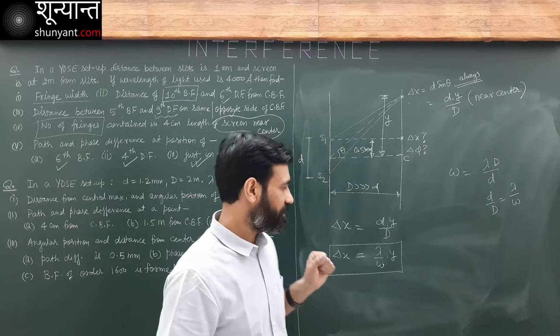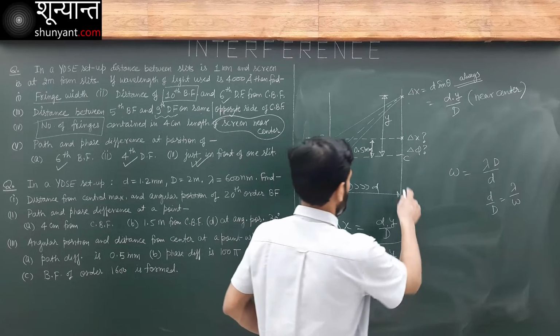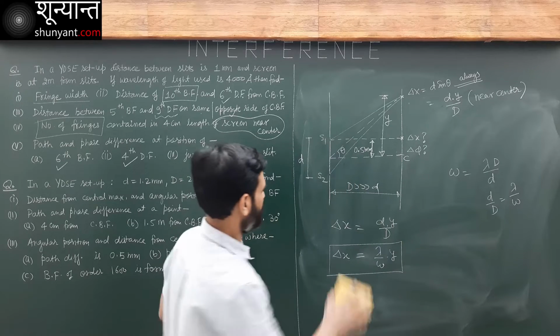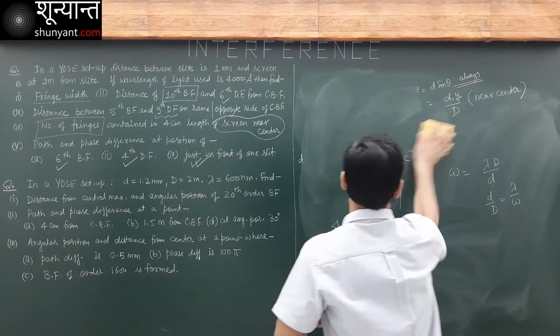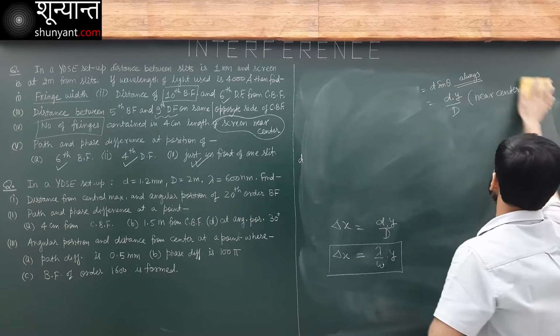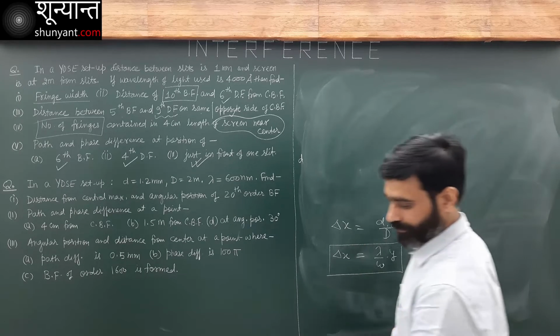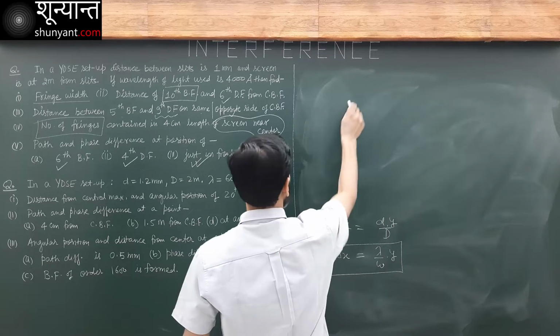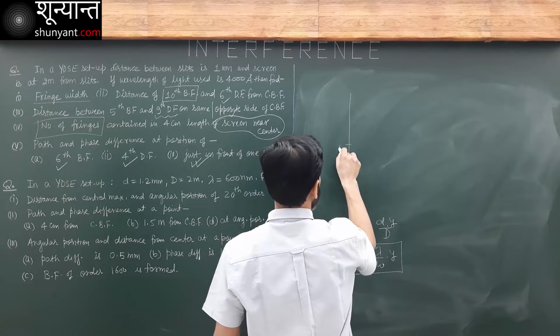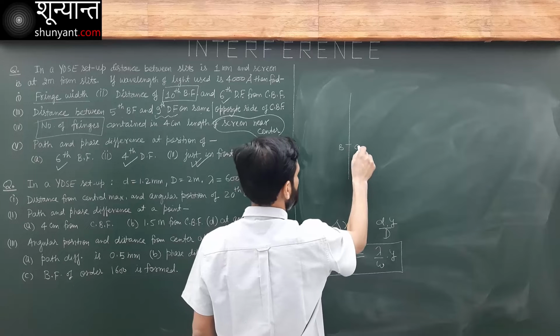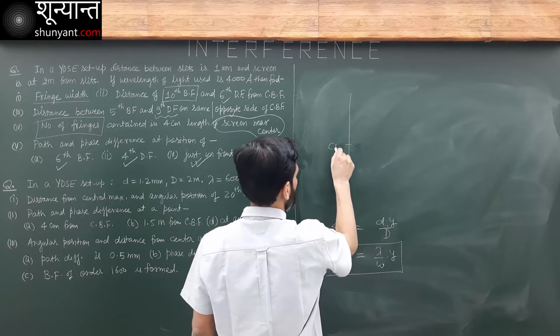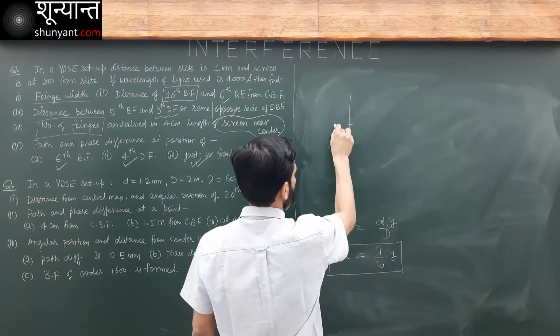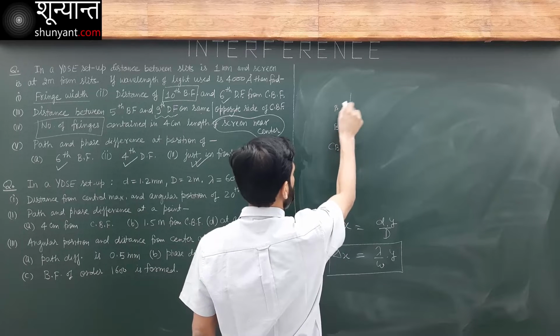It's like this. I have this screen here. This is a bright fringe. Let's say this is my center, the central bright fringe. This is another bright fringe, another bright fringe, another bright fringe.